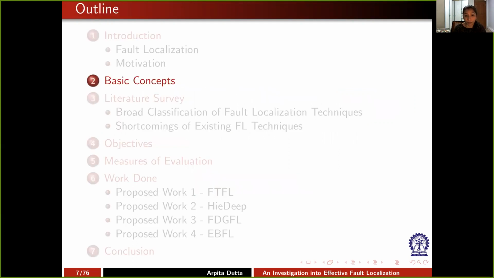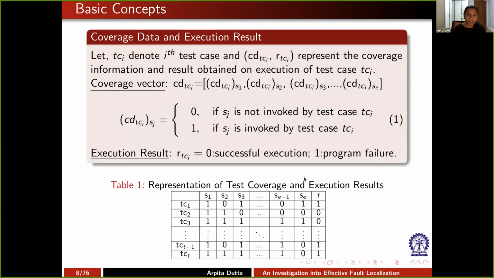Now we will see some of the basic concepts. The first thing is coverage data and execution result. The coverage data shows whether a particular program element is covered or not. For example, if we take a statement as a program element, this table shows the coverage data for statements.